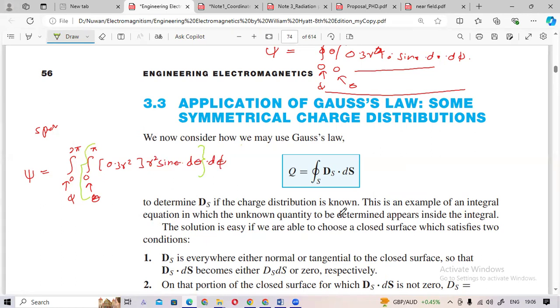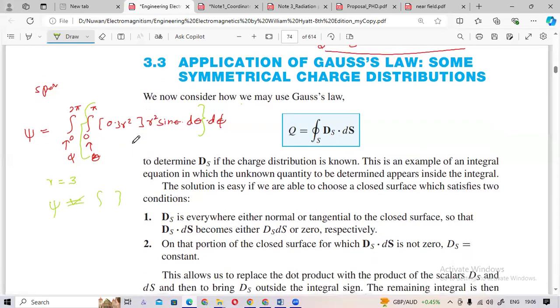So you will get the answer in terms of R. Then you have to apply R is equal to 3. Then you can find the total charge, total flux within the sphere. So that is the procedure. Please try to understand that procedure and do this integration by yourself. I hope you can do this integration.